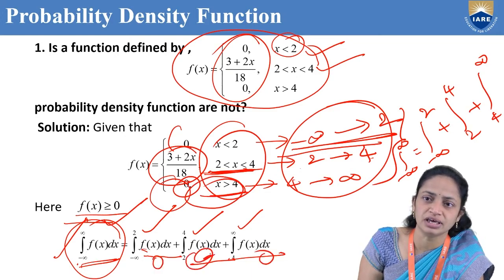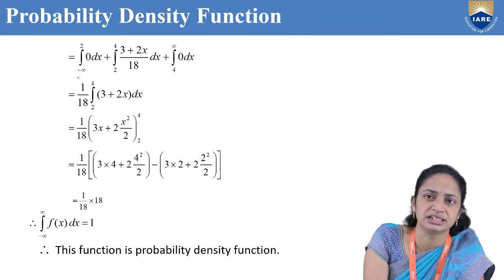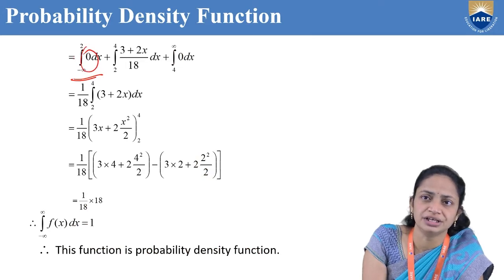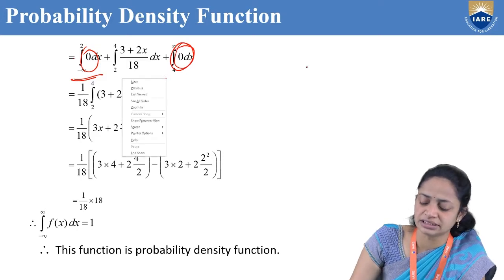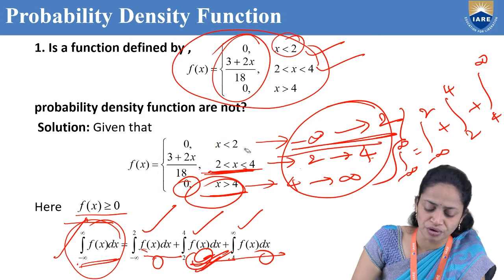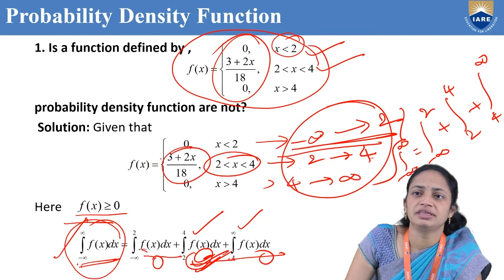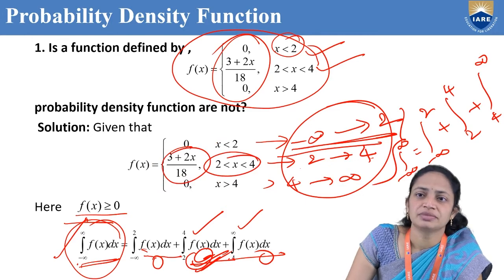So here we have the function. The integration from minus infinity to 2 is 0, and from 4 to infinity our function is also 0. But in the limits of 2 to 4, we have the function, which is (3 plus 2x) by 18.